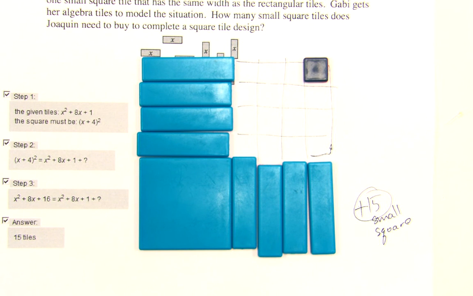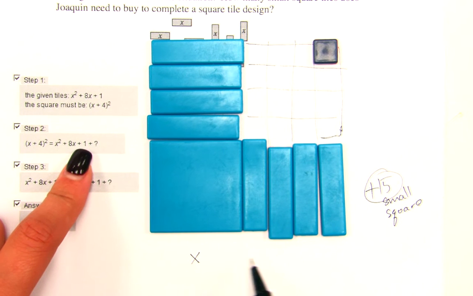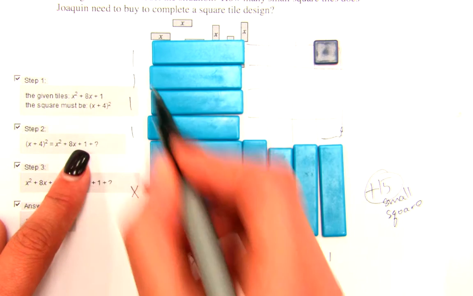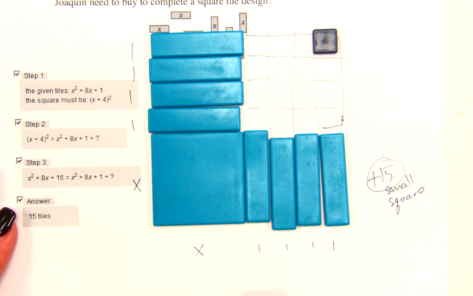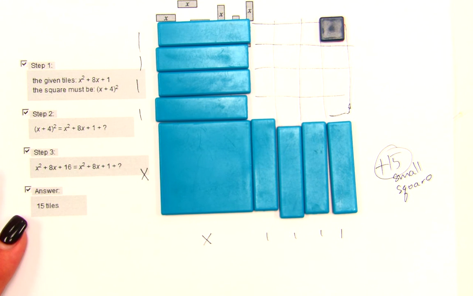So what they said was, okay, to make this a perfect square, we have an X, right? We have 1, 1, 1, 1, and we have an X, and we have 1, 1, 1, 1. So a perfect square would mean perfect on the bottom, perfect on the side, so I would have X plus 4 times X plus 4.